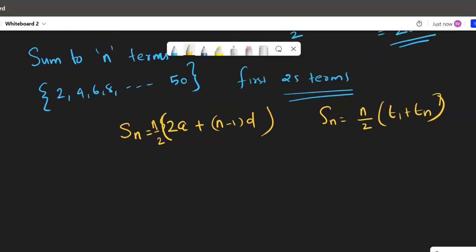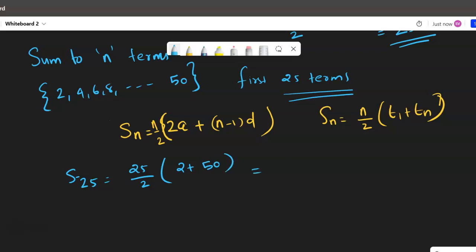Because I know the first and last term, I'm going to use this equation to calculate the sum of the first 25 terms. So Sn is S25, because I'm trying to find the sum to 25 terms. S25 equals 25 divided by 2 times (t1 plus tn). t1 is 2 and tn is 50.